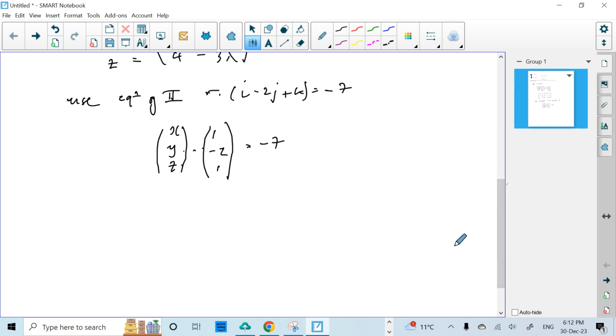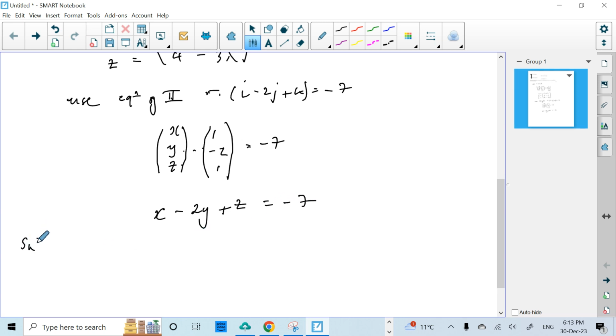So moving on, I'm going to substitute now, and I did say I was going to use those values. Oops, I've missed out a bit. Hold on, let's go back. I need to write out my equation. x times 1 gives me x minus 2y plus z, of course, is equal to minus 7.